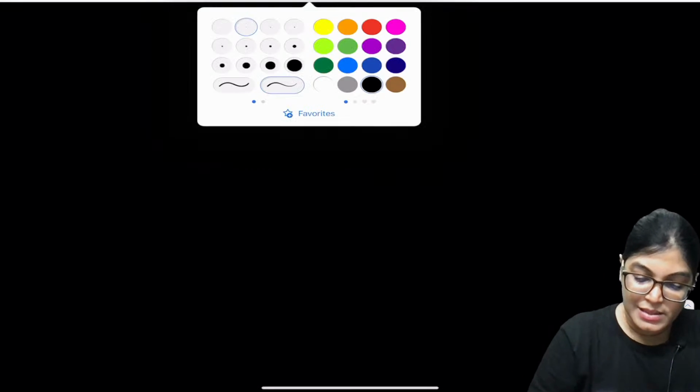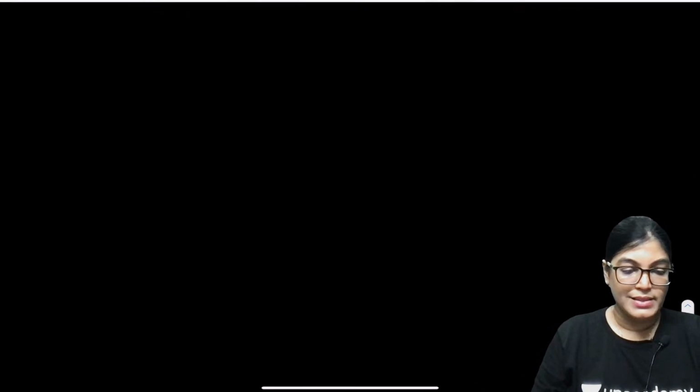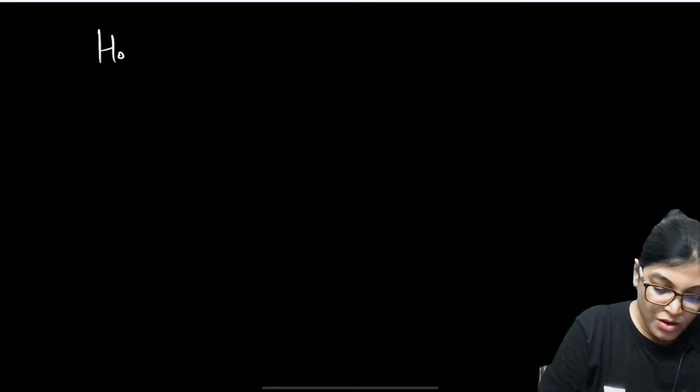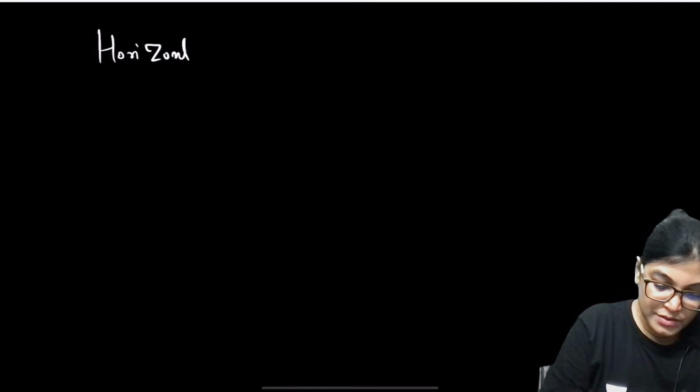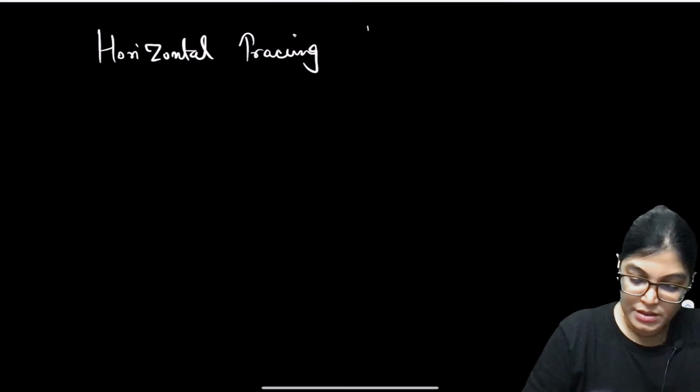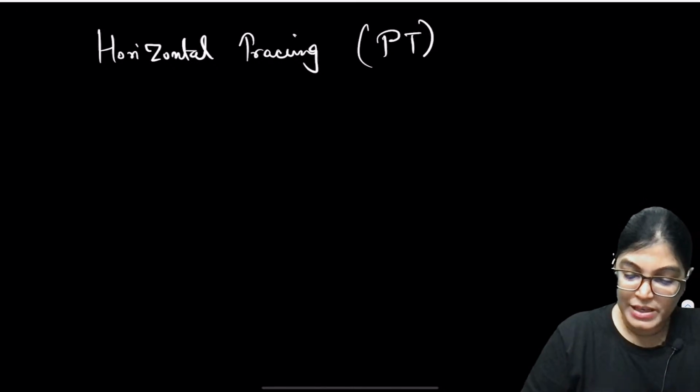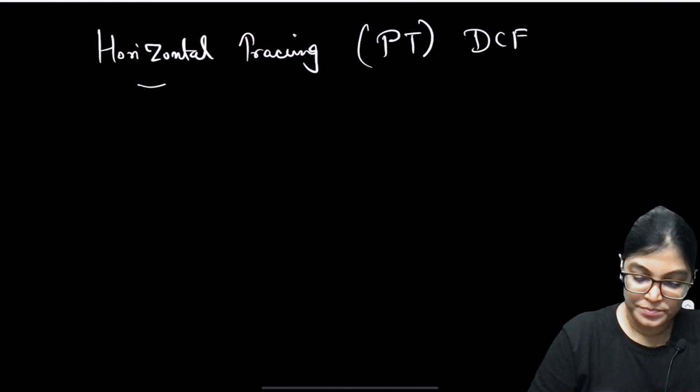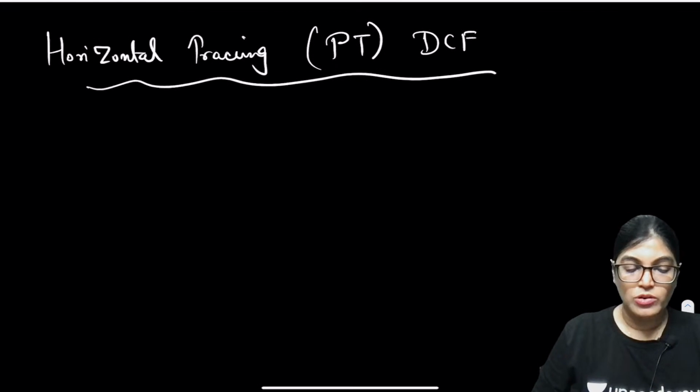So, let us write this information so that afterwards you can revise it. Horizontal tracing of PT, that is pretracheal layer of deep cervical fascia. So, firstly about horizontal tracing.